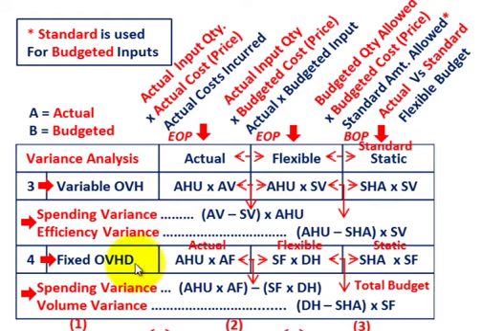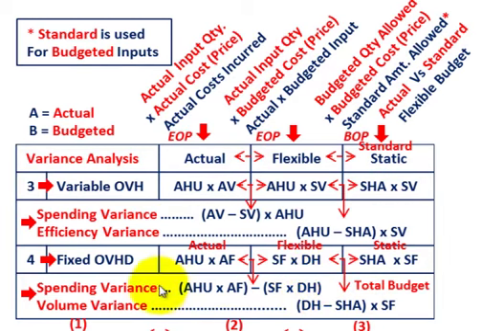Now for the fixed overhead, the spending variance, again, that's the difference between your actual and your flexible amounts. So there you would take your actual hours used times the actual fixed overhead rate, and then you would subtract from it the standard fixed overhead rate times some denominator hours, and those are really the total budgeted, in this case, direct labor hours for the period.